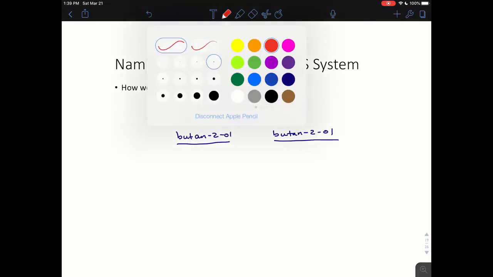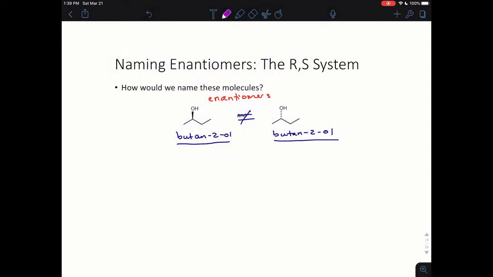And specifically, they differ in their configuration, their arrangement of atoms at the stereogenic center, the carbon that bears 4 different substituents: methyl, hydroxyl, hydrogen, and ethyl.